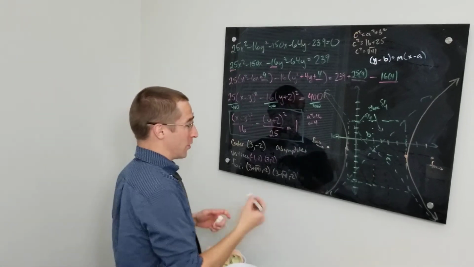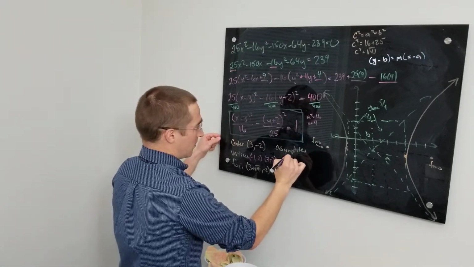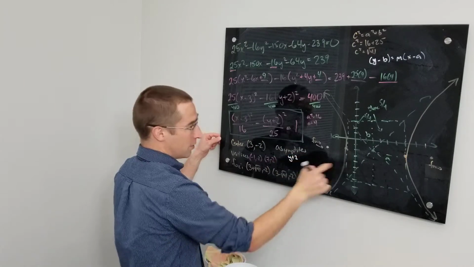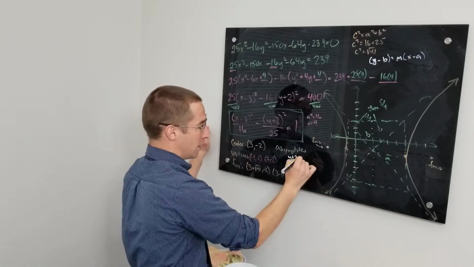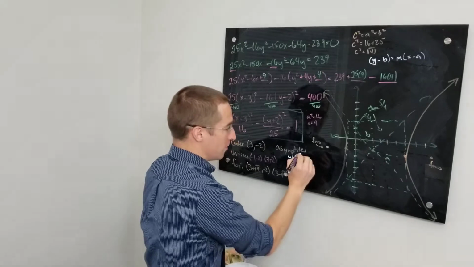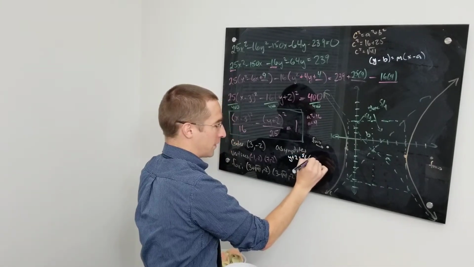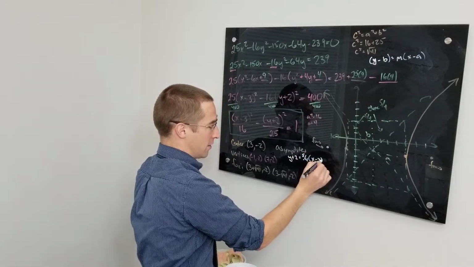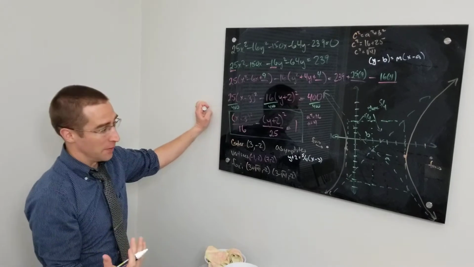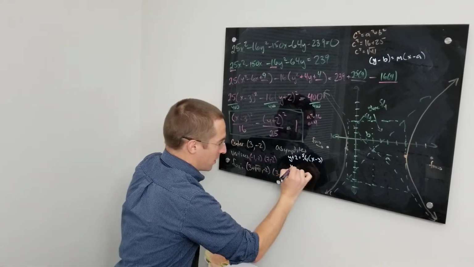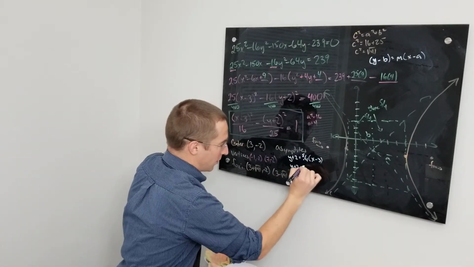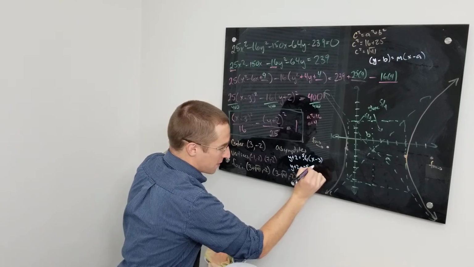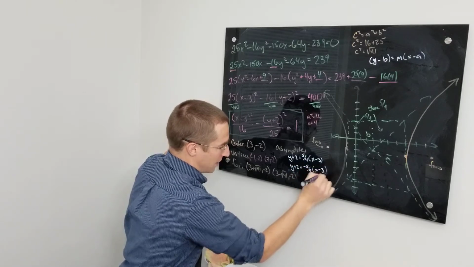So one of these equations is going to be y plus 2, because we have a point with y of negative 2, equals positive slope, which is 5/4, times x minus 3. We can just leave it in point-slope form, that's fine. And the other one is going to be y plus 2 equals negative 5/4 times x minus 3.